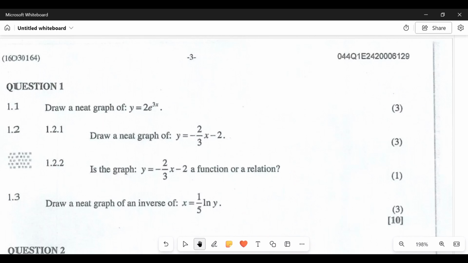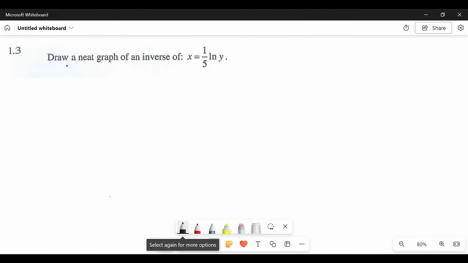All right, let's look at 1.3. Now this question here, it says draw a neat graph of an inverse of x is equaling to 1/5 natural log y. Now before you draw this graph, guys, you need to write the inverse equation of this graph here. So the inverse is just swap x and y.